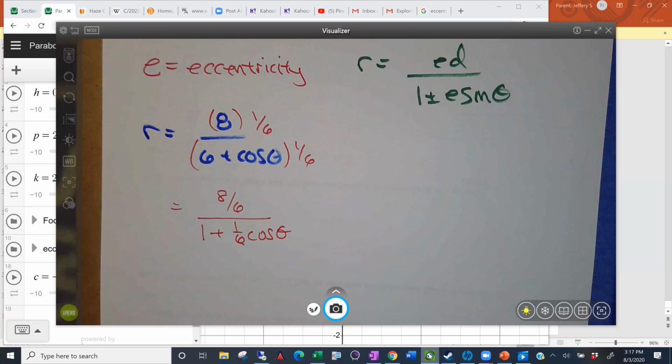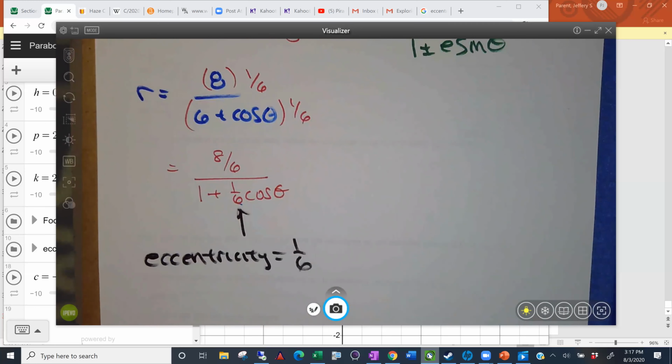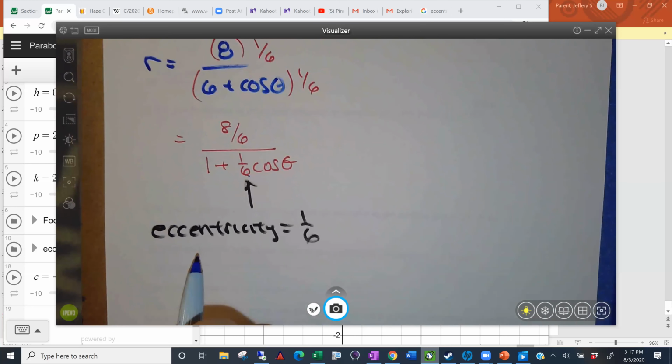What's nice about writing it like this is I can immediately see what the eccentricity is. So the eccentricity is 1/6. Now, what kind of a conic section does that tell you that we're going to work with? You remember you had 3 choices.